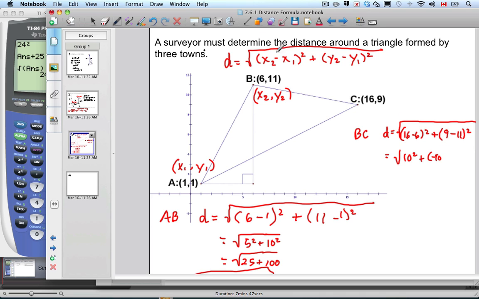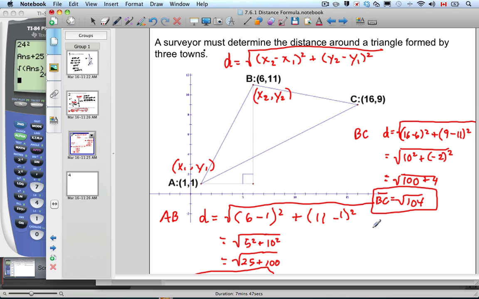It's important to have that negative in parentheses so we don't forget it. Plus 4. Because if you just type negative 2 squared in your calculator, you get negative 4, which doesn't make any sense. Be very careful. So there we go, root of 104.